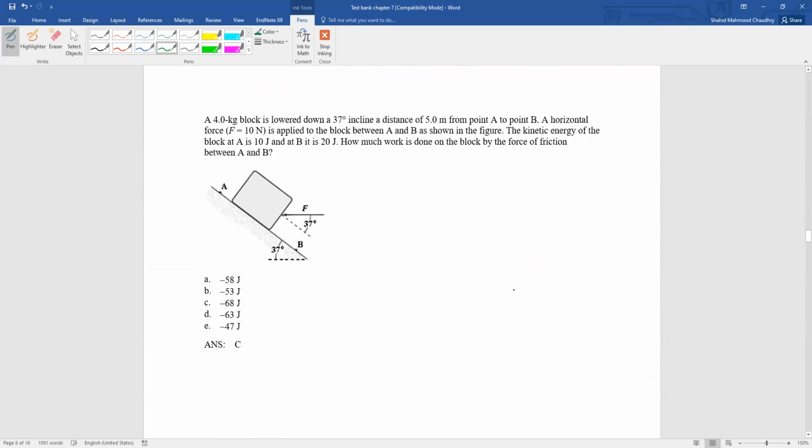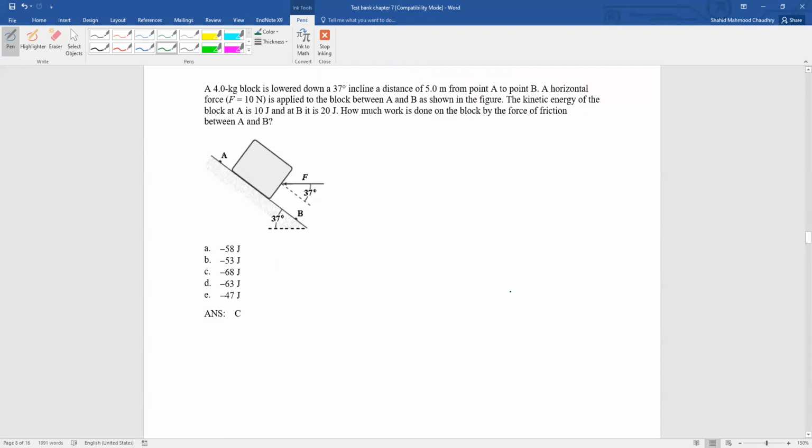Okay. After this, now see another problem. In this problem, you can see a body is placed on an inclined plane. Here, a 4 kg block is lowered down a 37-degree incline a distance of 5 meters from point A to point B. So from point A to point B, the distance is 5 meters.